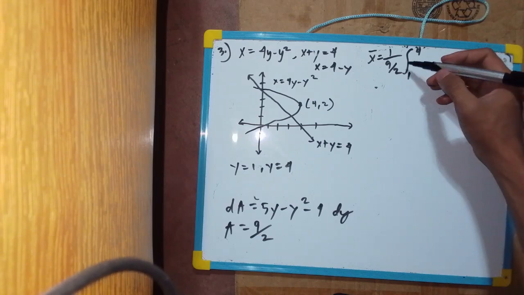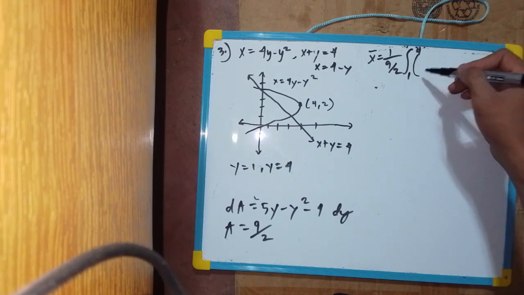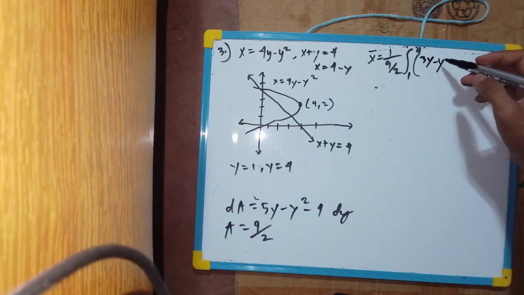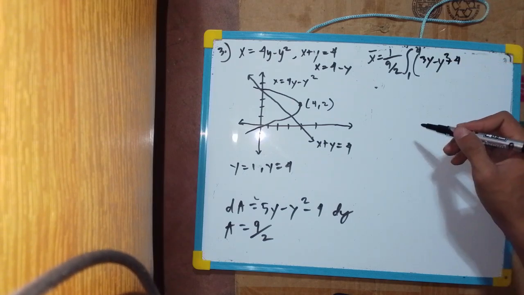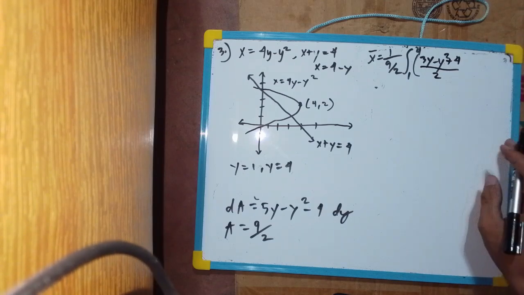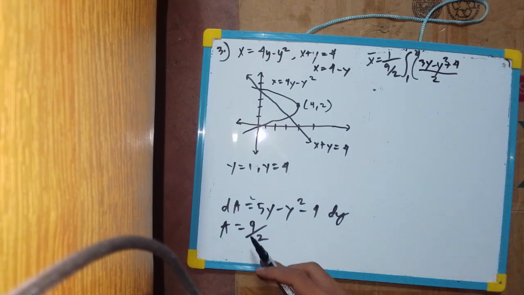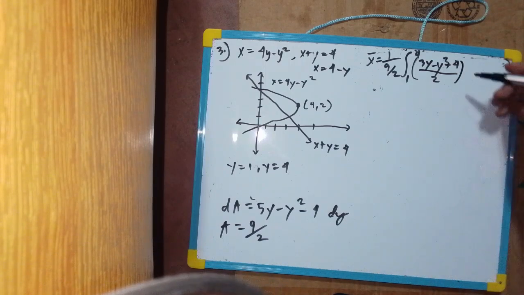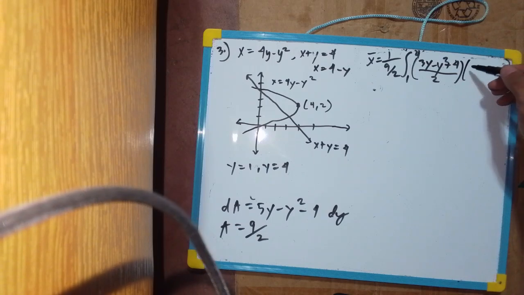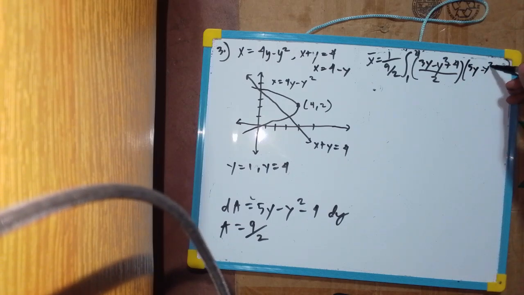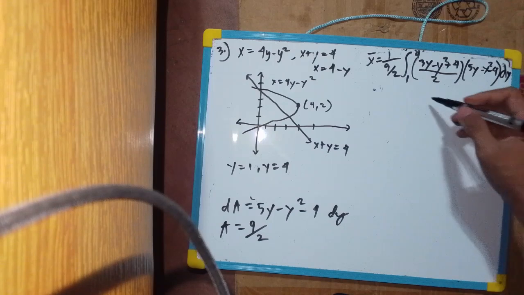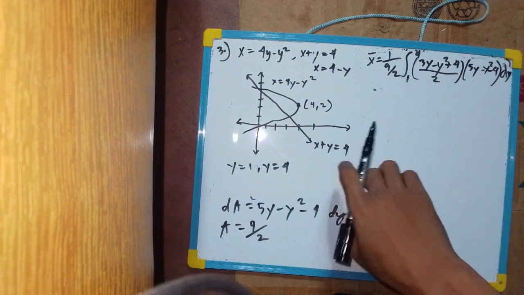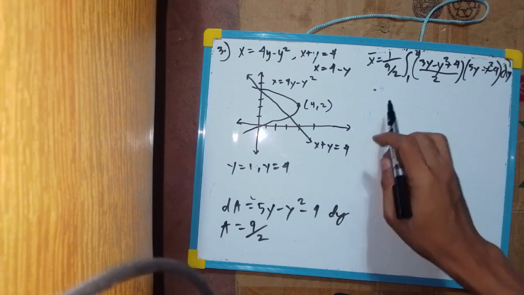So we have 3y minus y squared plus 4 over 2, and the dA is 5y minus y squared minus 4 dy. So let's multiply it by dA. So this is now the integral for finding x mean.